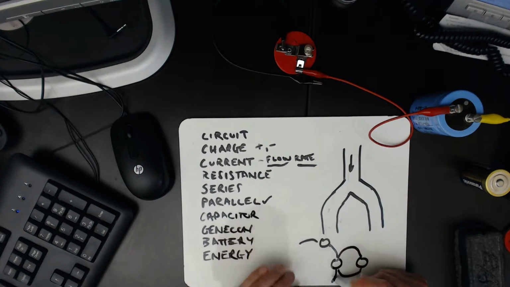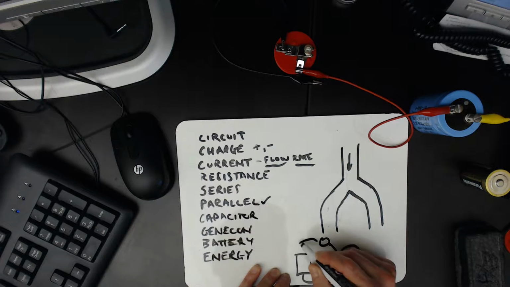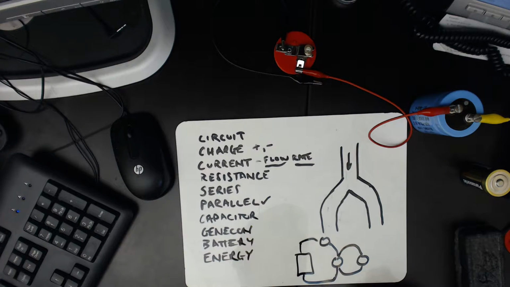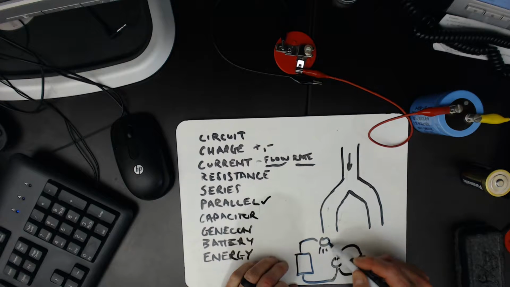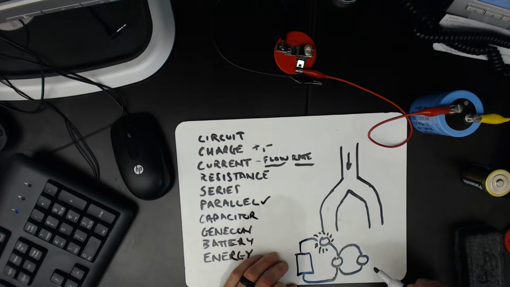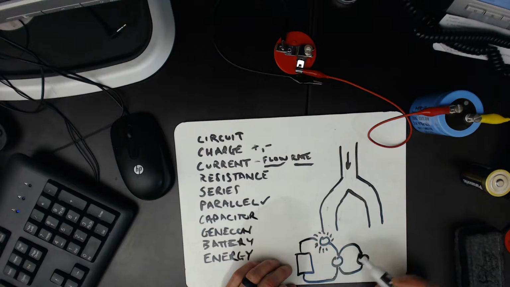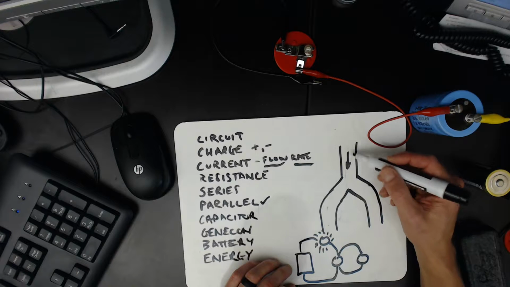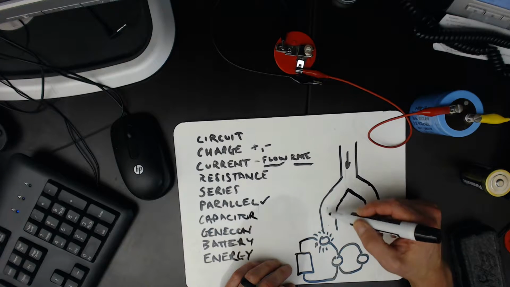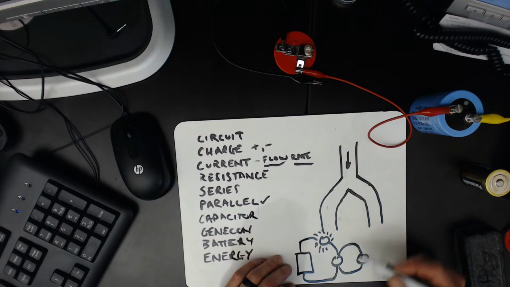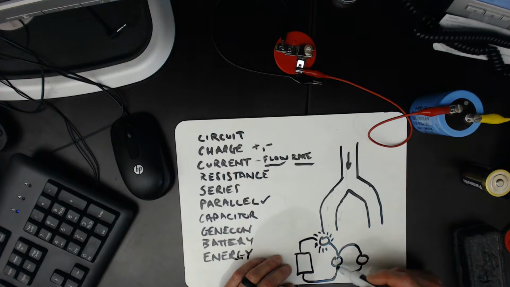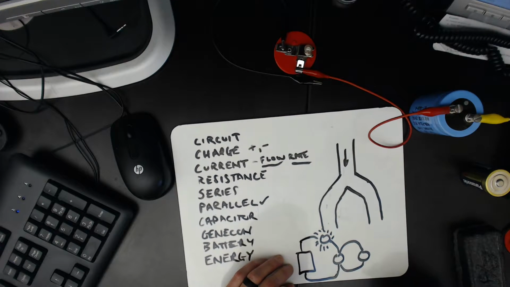So we had this kind of a situation with the battery pack over here. That was called parallel. And remember how it allowed this light bulb to light up brighter because it lowered the resistance through this part of the circuit. But what happened is, because we have a certain amount of flow through here, the flow rate was not enough through both of these light bulbs in order to light them up.